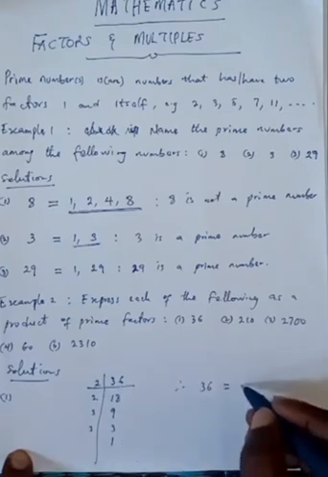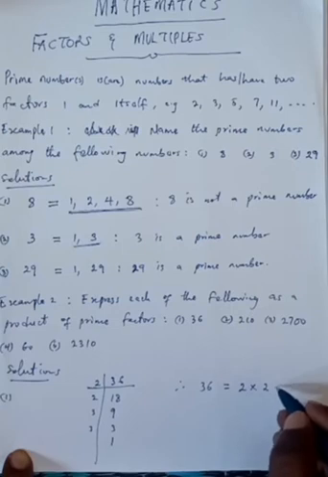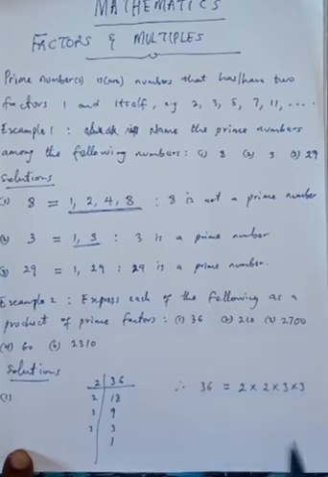So 36 is now going to become 2 times 2 times 3 times 3. So to express this number as a product of its prime factors, the result we are going to have is this. So then let's move ahead to number 2.